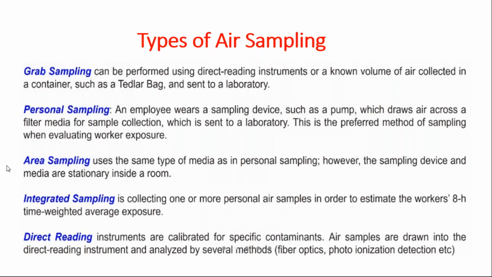There are area samples, where we get the sample from a fixed location, and there is integrated sampling, where we get a number of readings, and at the end we get the time weighted average. And the last is the direct reading instrument. For example, a multimeter directly shows the percentage of carbon monoxide or hydrogen sulfide inside the confined space.